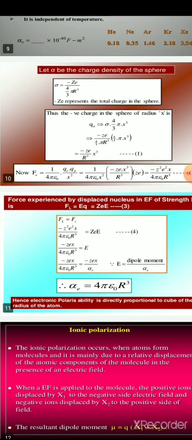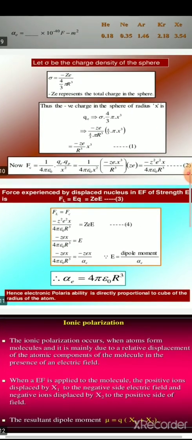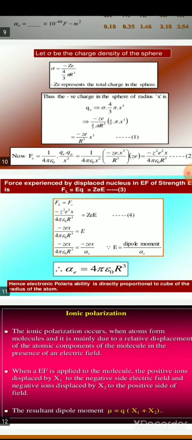The force experienced by the displaced nucleus in an electric field of strength E is FL equals EQ equals Ze into E. Here we equate both FL and Fc.